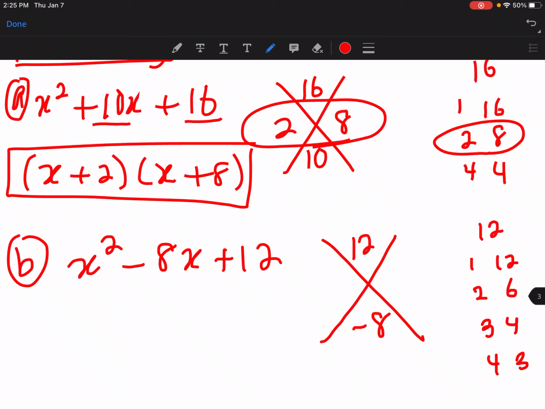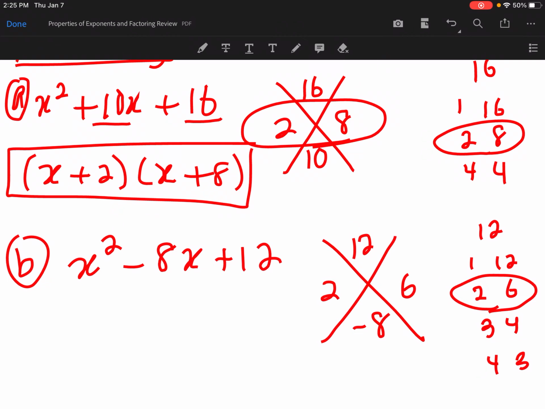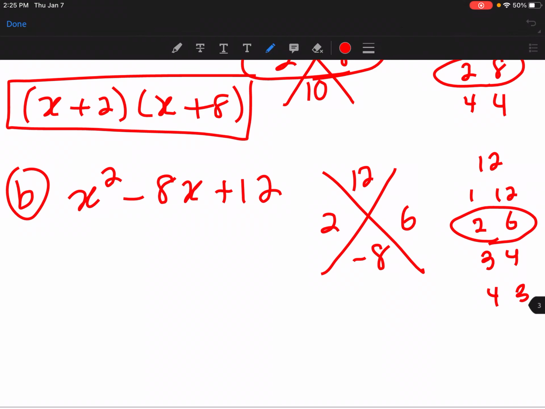Now, by looking at this, I can see that the two numbers that, when I add or subtract, will give me 8 are the 2 and 6. Now, because my B right here is negative 8, we need to figure out the signs. 2 plus 6 gives me 8.